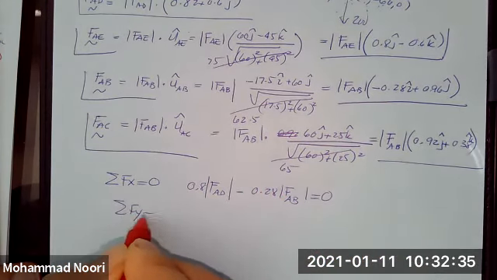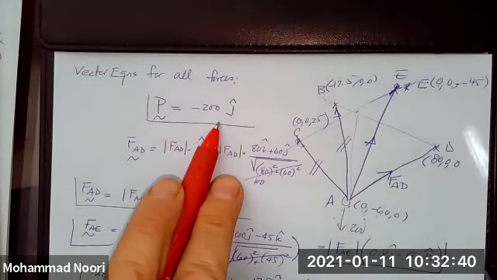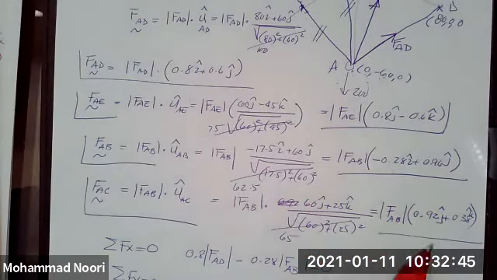Right? Summation of y components is 0. This one has a y component of negative 200, this one has, and this one has.